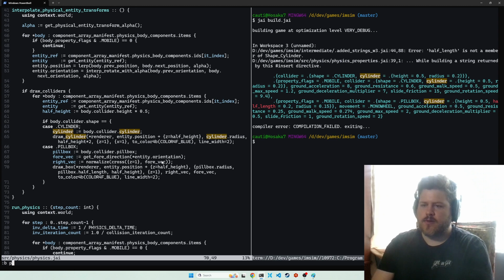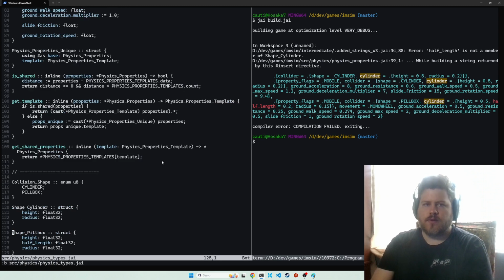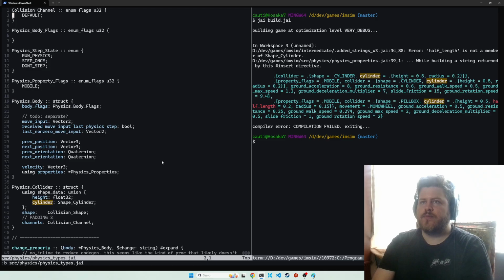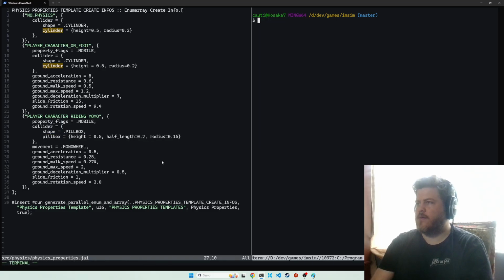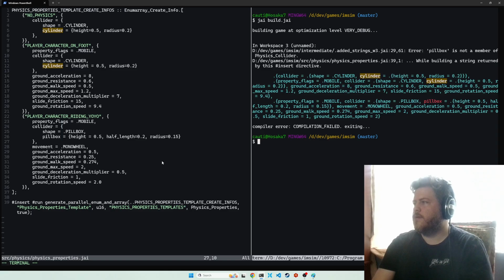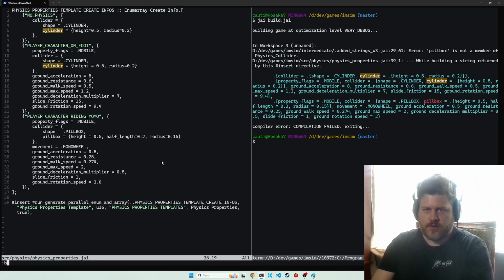Pillbox is not a reference collider. Well, it should be.